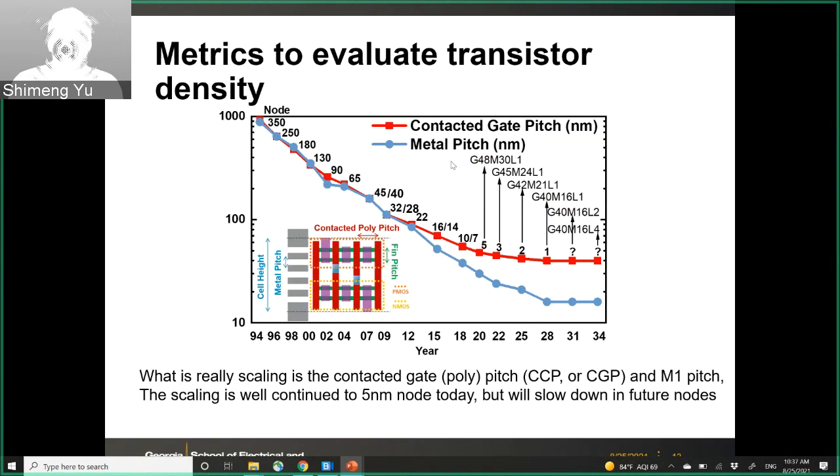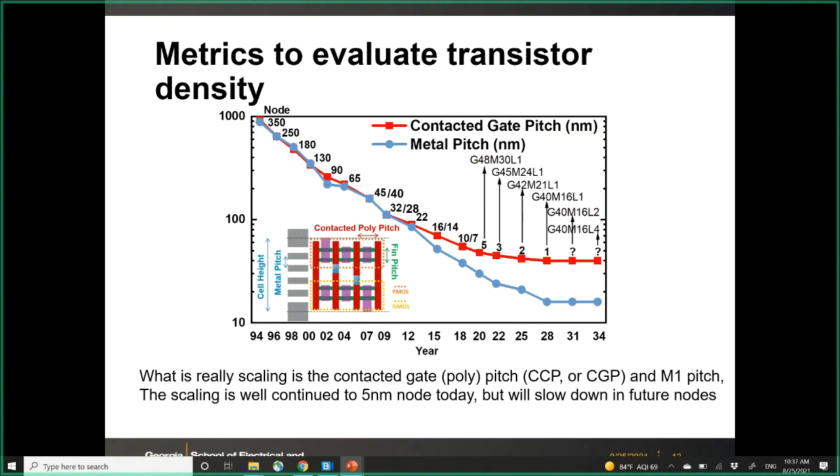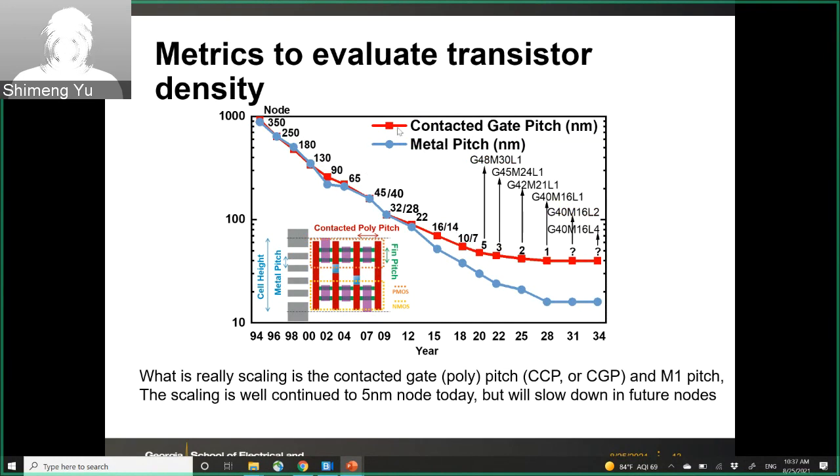This one is continuously scaling. So here we plot the contact gate pitch and metal one pitch. What is that? From the layout point of view, this is the contact poly pitch. Let's say you have a transistor, right? And then you have the source and drain contact.